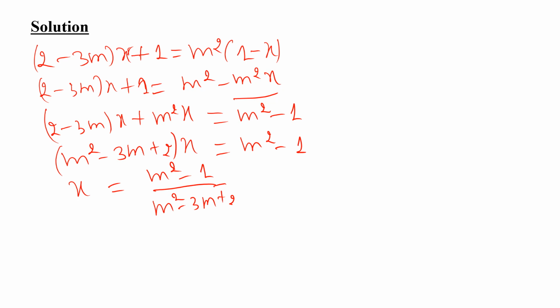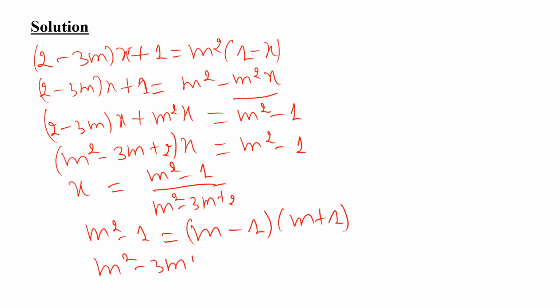Now we are going to factorize the numerator and the denominator. Just m squared minus 1 is equal to m minus 1, I think that you remember, times m plus 1. Then m squared minus 3m plus 2 is equal to m squared minus m minus 2m plus 2.